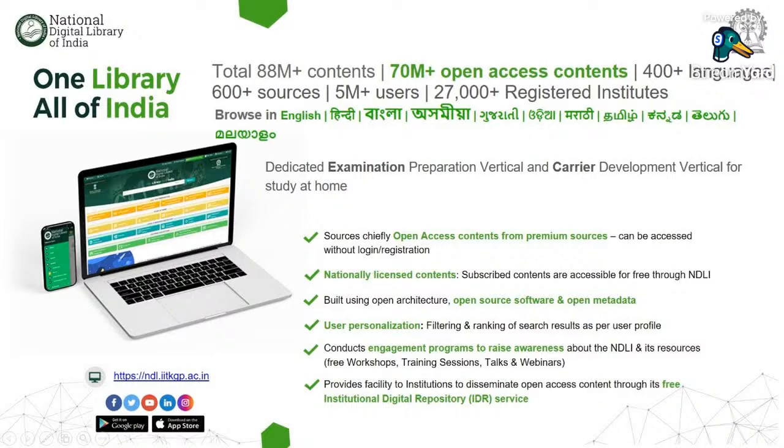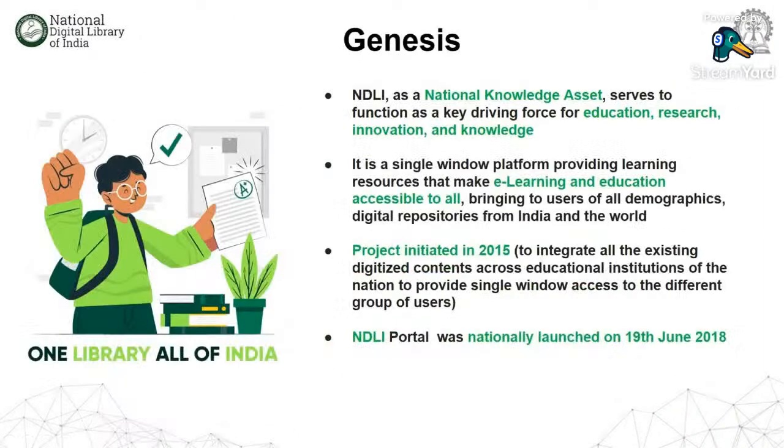Apart from that, we have a built-in open source metadata architecture, and National Digital Library also supports IDRs, that means institutional digital repositories for the institutes as well. The journey started in 2015 as a pilot project, and the National Digital Library of India portal was launched on 19th June 2018.